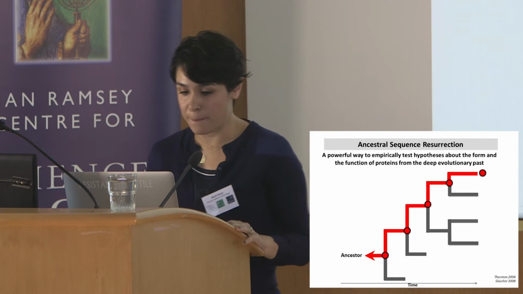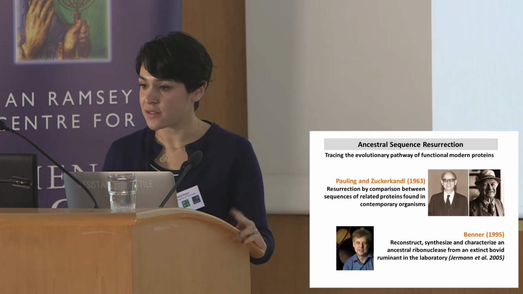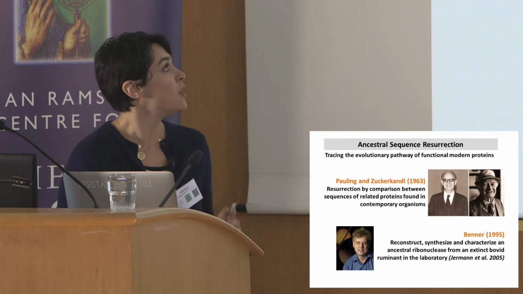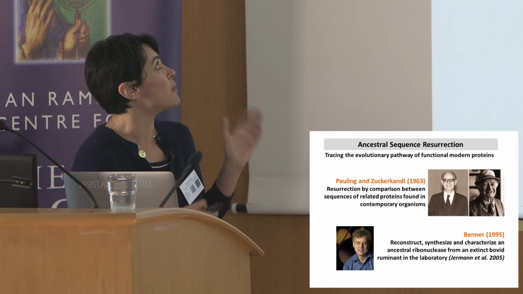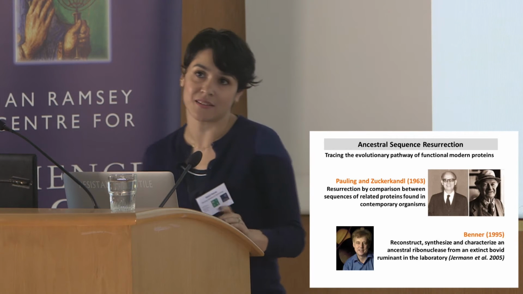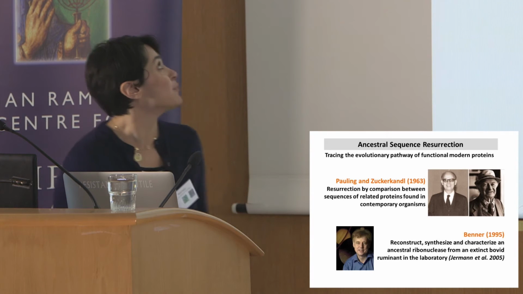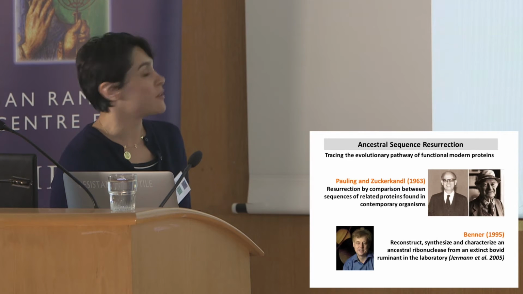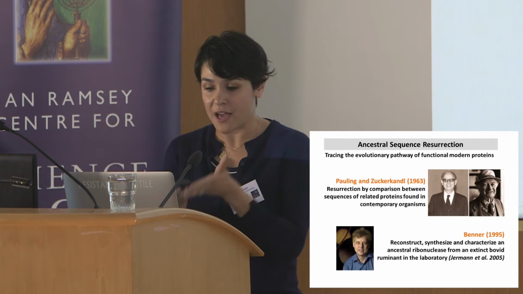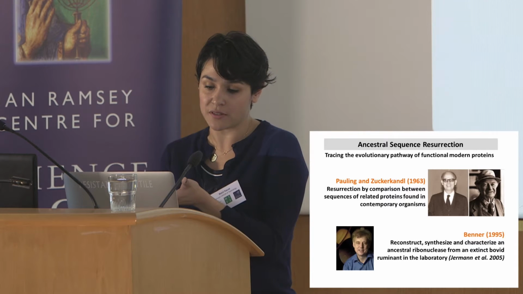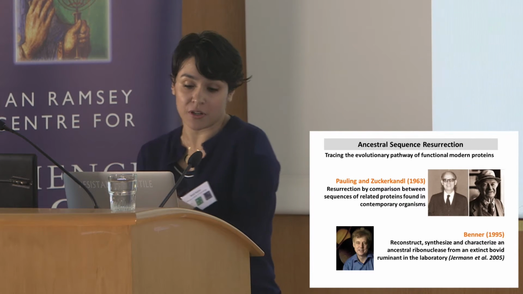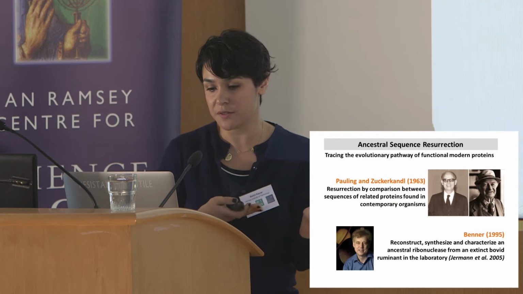shaped the protein. Ancestral sequence reconstruction was first proposed as an idea by Pauling and Zuckerkandl in 1963, and in my opinion, one of the most inspirational papers. They suggested that if we have the sequences of descendant proteins, perhaps we can then infer the sequences of ancestral proteins.